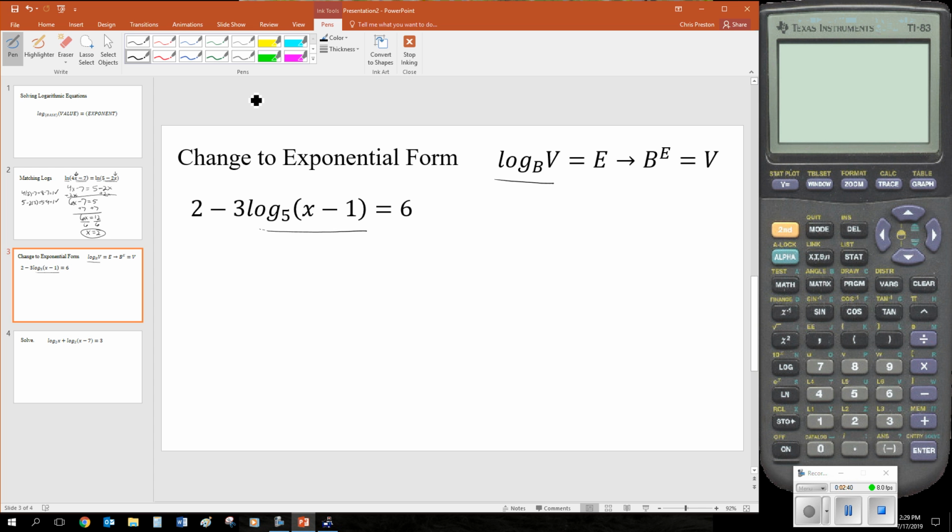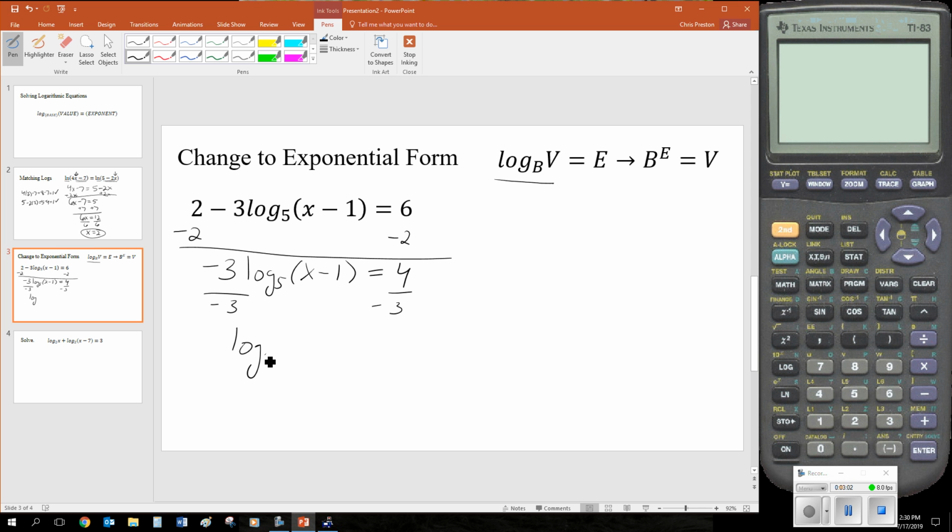To get this by itself, I'm going to start by getting rid of the 2. Move that to the other side. Negative 3 log 5 of x minus 1 equals 4. Then I'm going to get rid of this negative 3 multiplier, divide both sides by negative 3. Log 5 of x minus 1 equals negative 4/3.